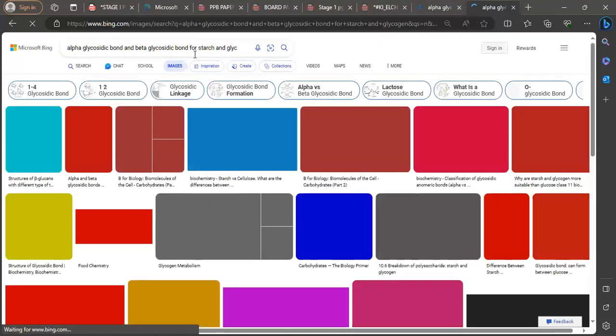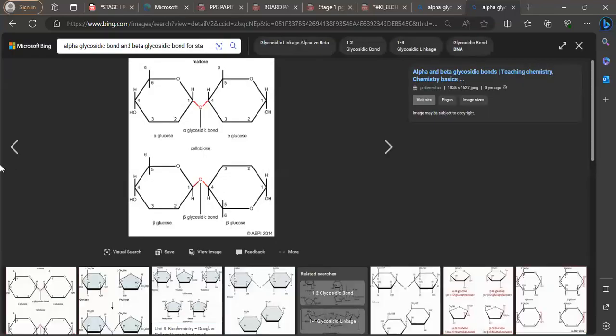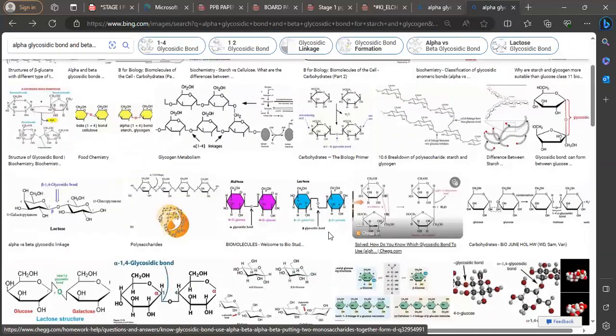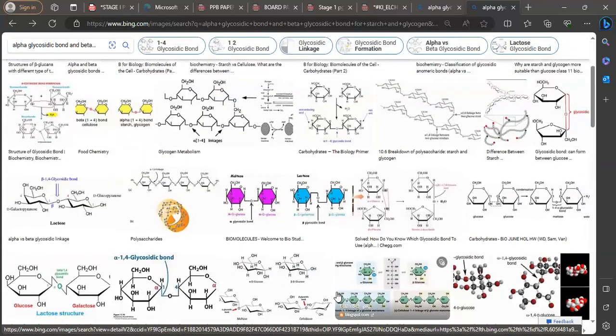I thought starch is alpha. Someone can confirm. Starch is alpha 1,4 glycosidic linkage.